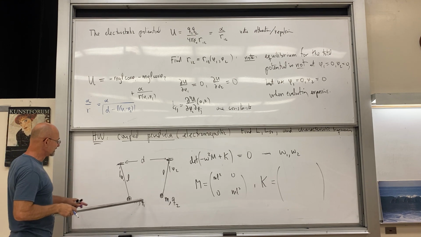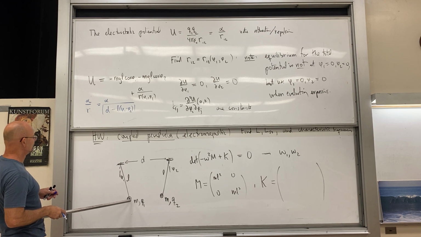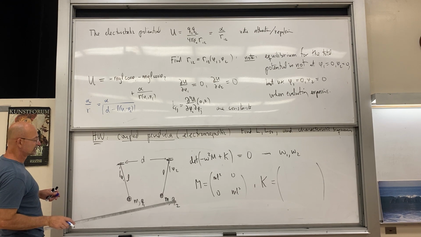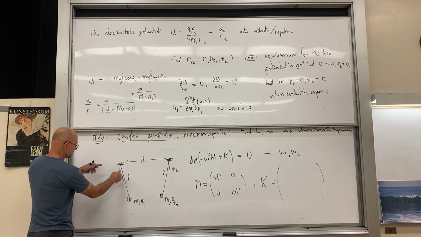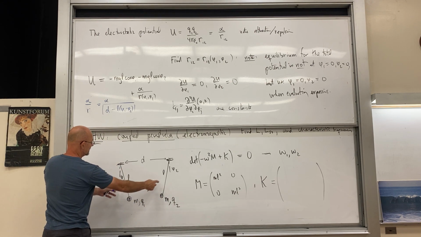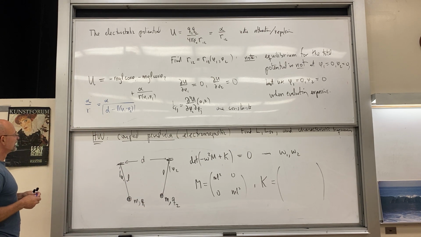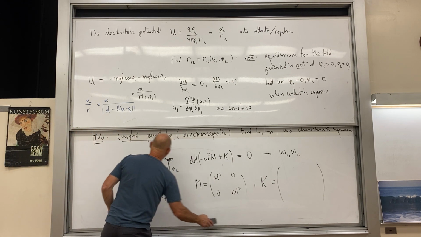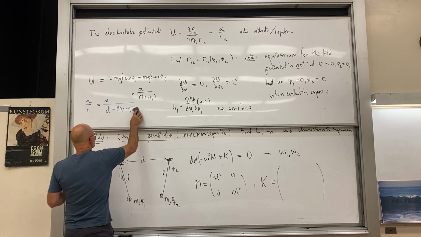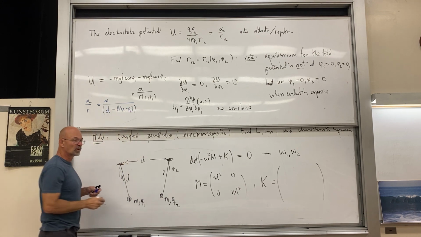D minus L phi1 minus phi2. Yeah, I think that's right, because it's a difference, and we're already subtracting D minus L phi1 right here, so I think that's the expression there. And it's absolute values, but if you construct it right, you ditch the absolute value. Okay, so that's easier to work with.